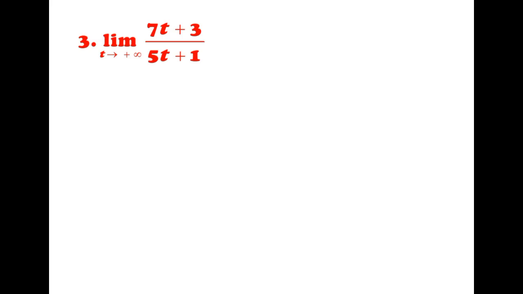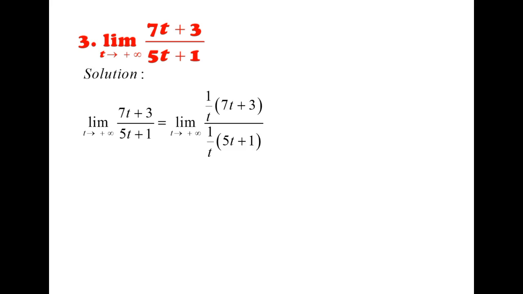The given problem number 3 is the limit of 7t plus 3 all over 5t plus 1 as t approaches positive infinity. As we apply the solution, since the highest degree of the variable t that we have is t, multiply both numerator and denominator by 1 over t.